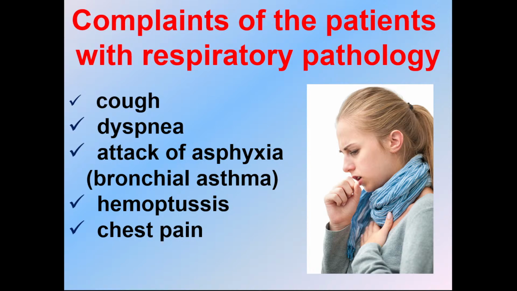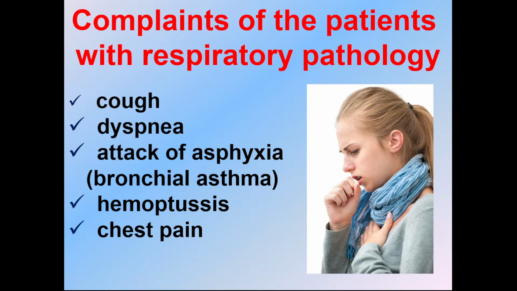Patient with respiratory system disease feels sudden attacks of asphyxia due to spasm of bronchus, which is characteristic for such a disease as bronchial asthma. Patient can complain of cough with blood, which is called hemoptysis.